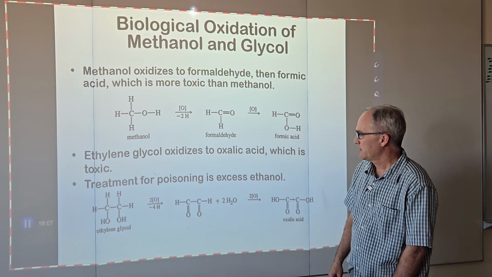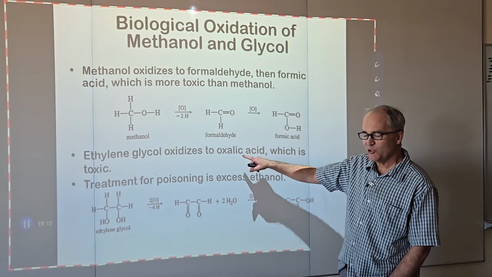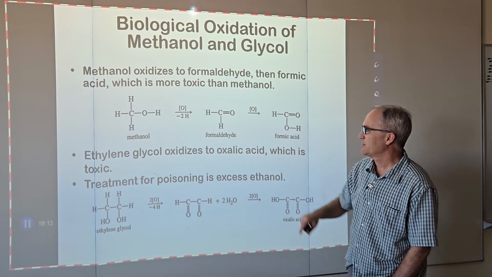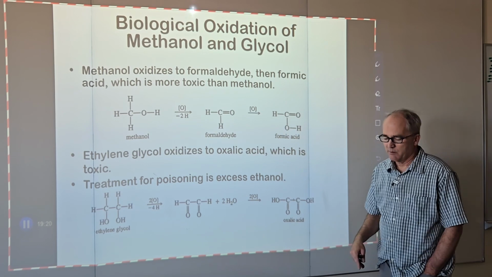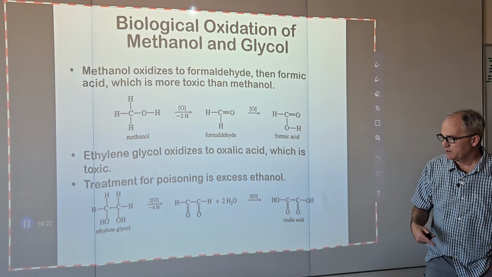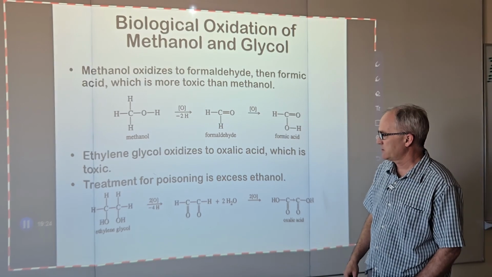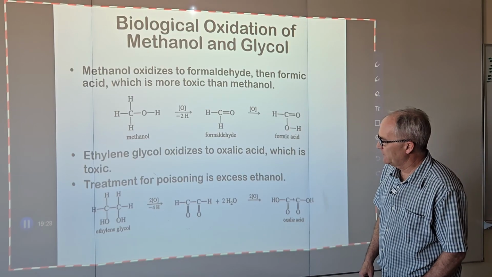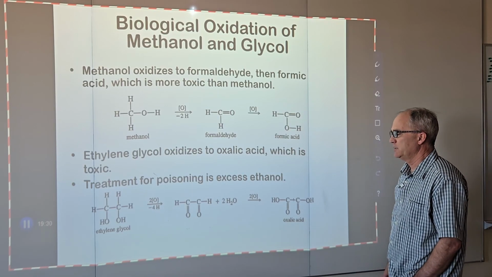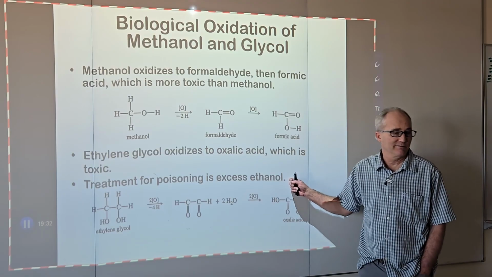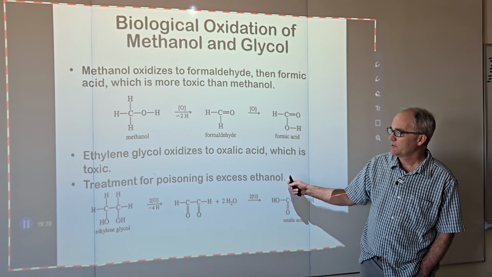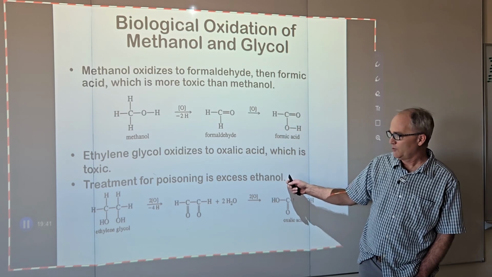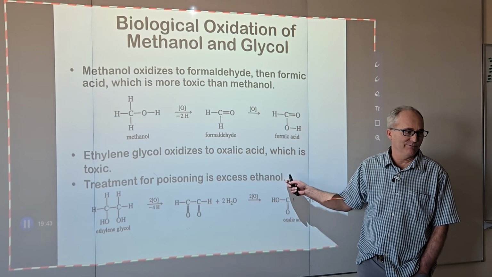Ethylene glycol oxidizes to oxalic acid, which is toxic because it forms a precipitate in your body, calcium oxalate. Treatment for these poisonings is to tie up the liver. So if you accidentally drink some ethylene glycol and you call poison control, they might say, do you have any whiskey?